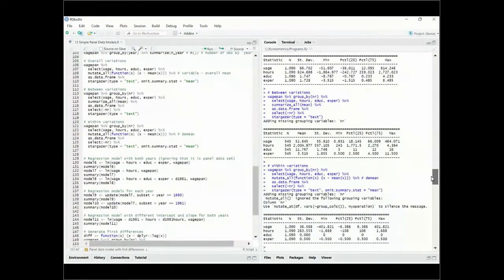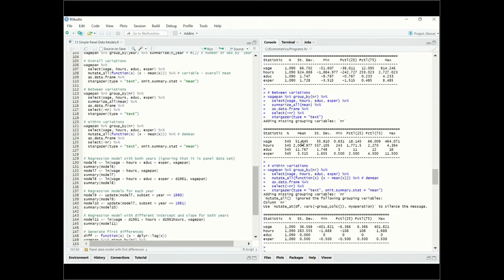Now, for the between variation, what we're going to do is look in this data set, but then group by NR, the individual ID. Once we're grouping by person ID, we select the same variables and summarize the mean as a data frame. Then we deselect this person ID and summarize the data again. So for the between variation, these are the means that we have here.